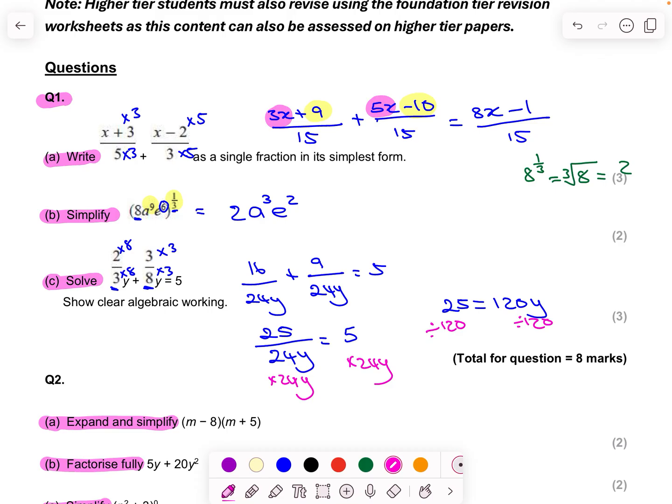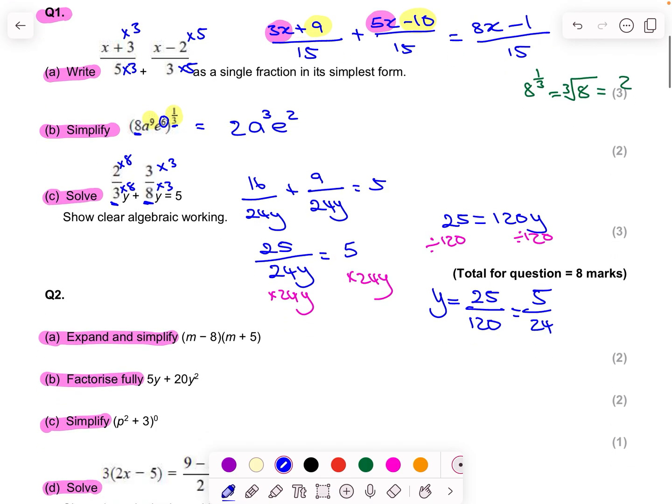So let's see, 25 divided by 120. I'm going to leave it as a fraction because it gives me a recurring decimal. So I'm going to leave it as y equals 25 over 120, and then I'm just going to simplify. So 5 goes into both. Divided by 5, so 5 over 24. I'll just leave it like that.